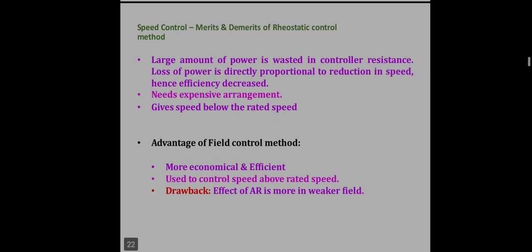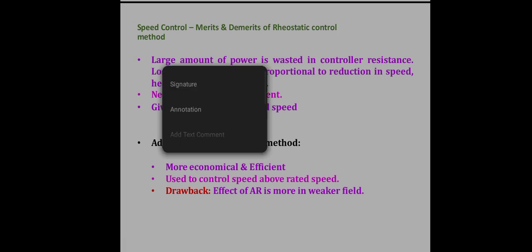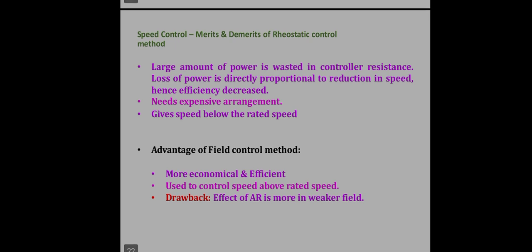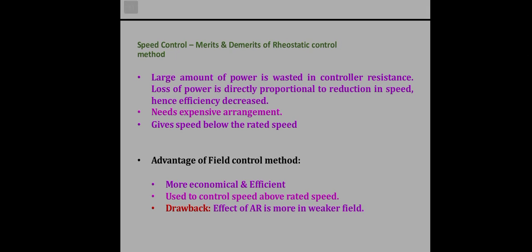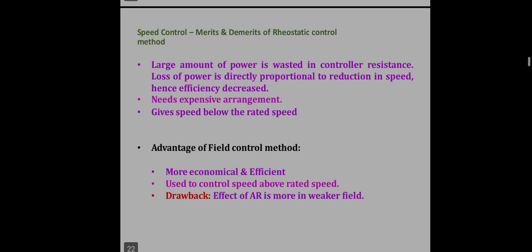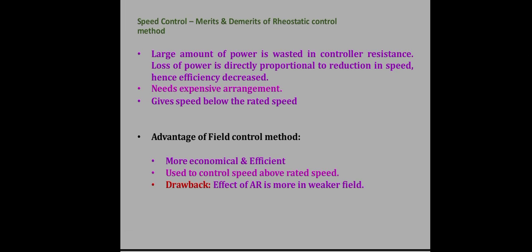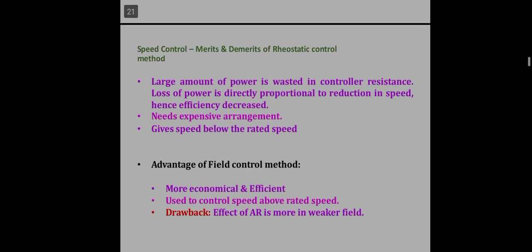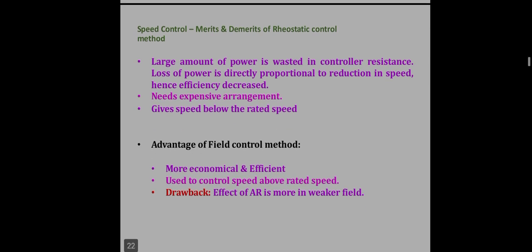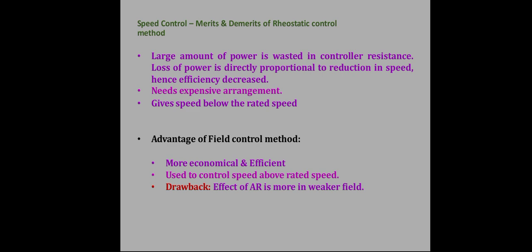The loss of power is directly proportional to the reduction in speed, hence efficiency is decreased. And it needs an expensive arrangement. You require a rheostat which has a high rating based on the motor's current rating, and it gives speed below the rated speed.